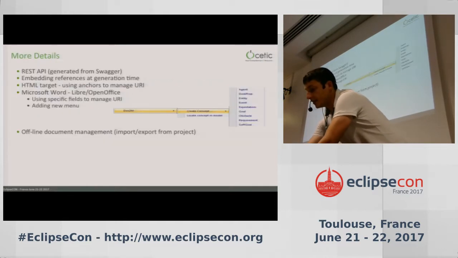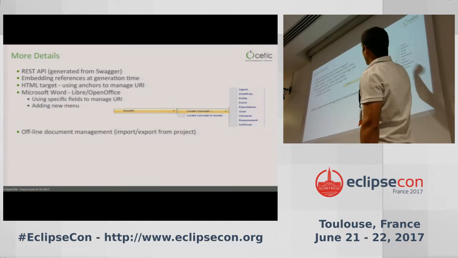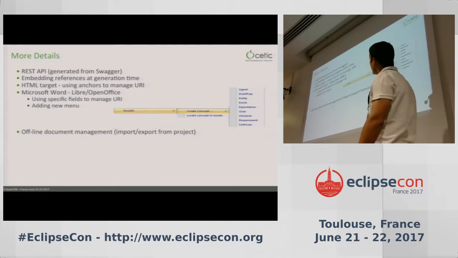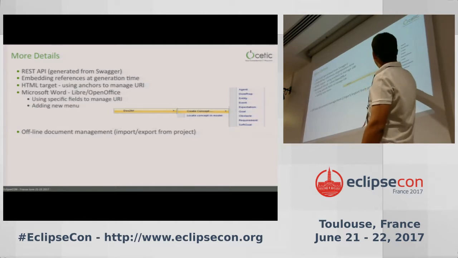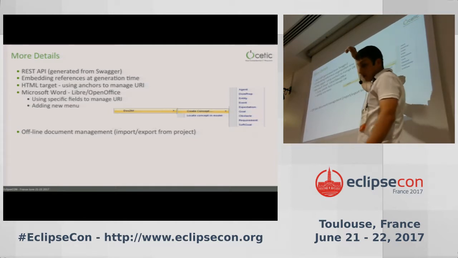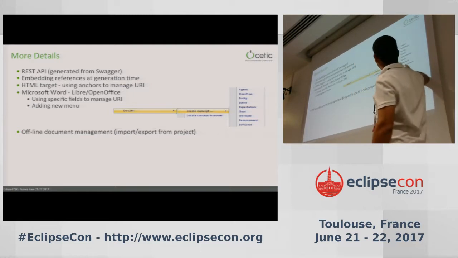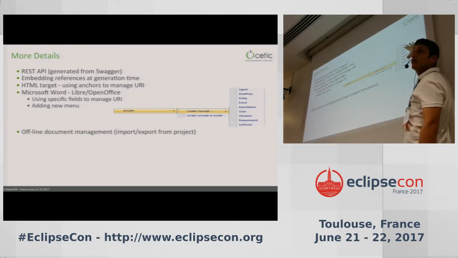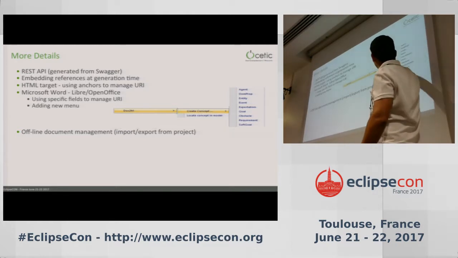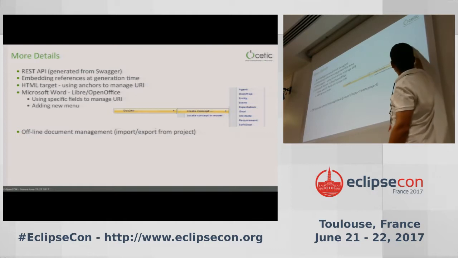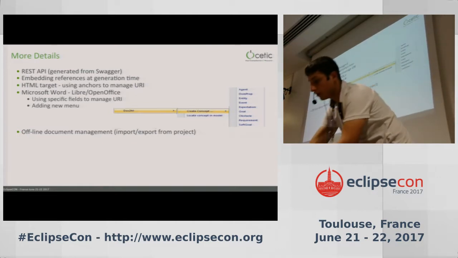In more detail, we can provide a REST API directly generated from Swagger, with the reference embedded at generation time. For Microsoft, you just add a contextual menu. It's specific to our own example because it's based on a chaos methodology, and you can create some types of concept and locate them in the model.